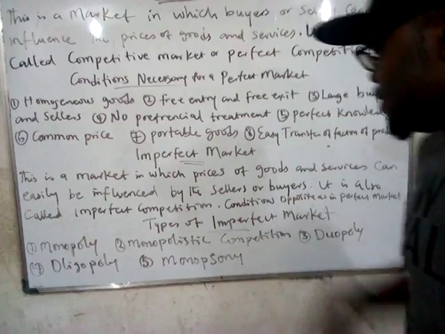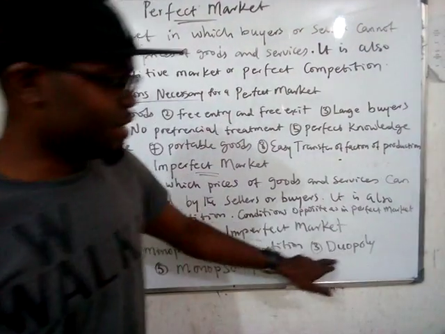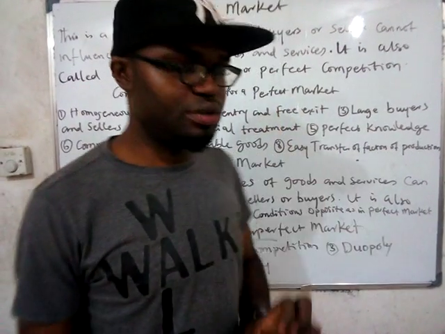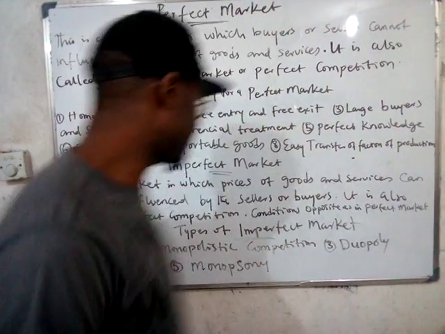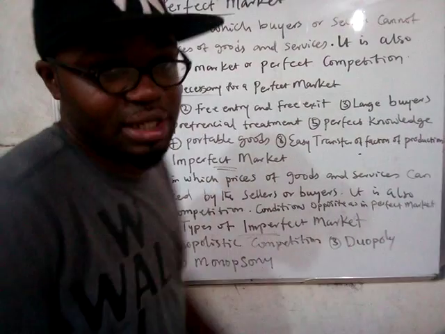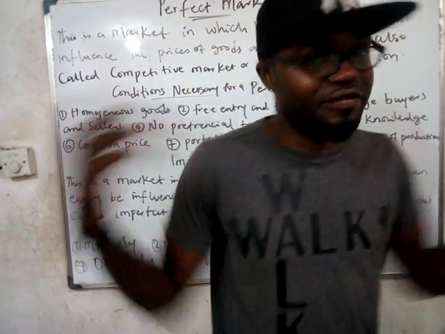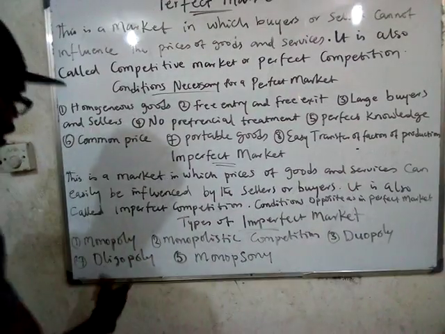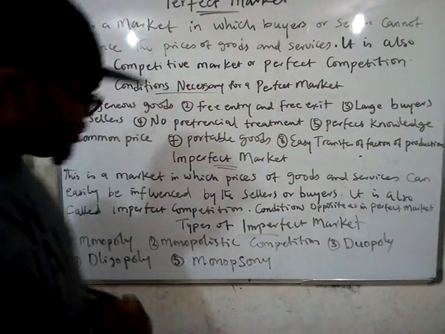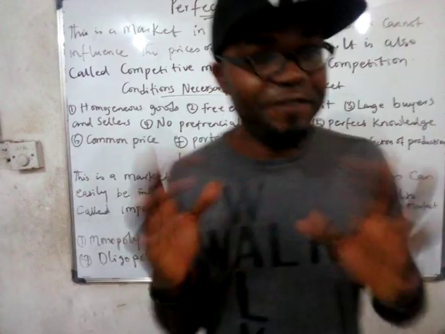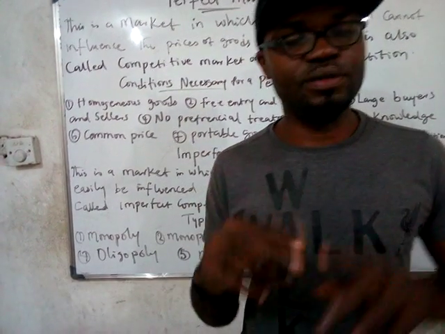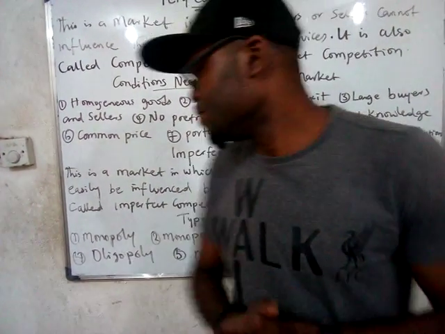So we call it monopolistic competition. Now, duopoly is when there are just two producers or sellers of a commodity. Since they are just two, they can easily inflate the price. Then we have what we call oligopoly. Oligopoly is when there are few, they are not one, they are not two, but they are few, maybe like 5 producers of a particular commodity.